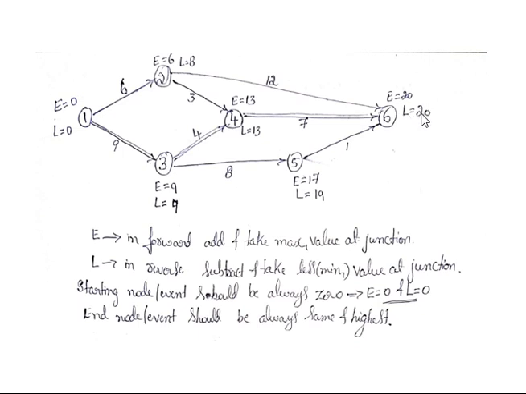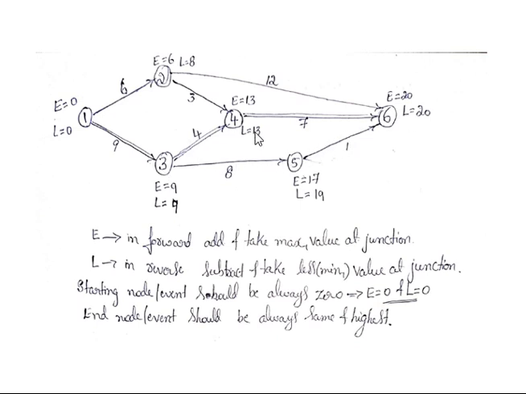Since E equals 20, L equals 20, and we go from right to left, where we need to subtract. In this direction, 20 minus 1 means L becomes 19, 20 minus 12 means L becomes 8, and 20 minus 7 means L becomes 13. Moving in this direction, this becomes a junction.